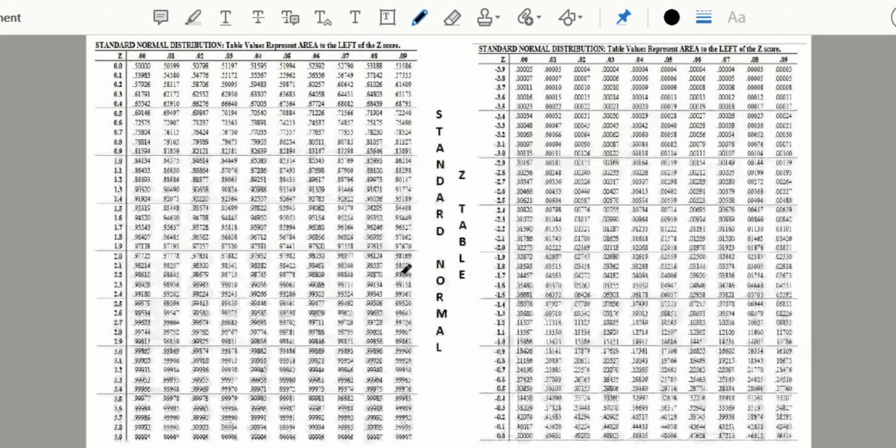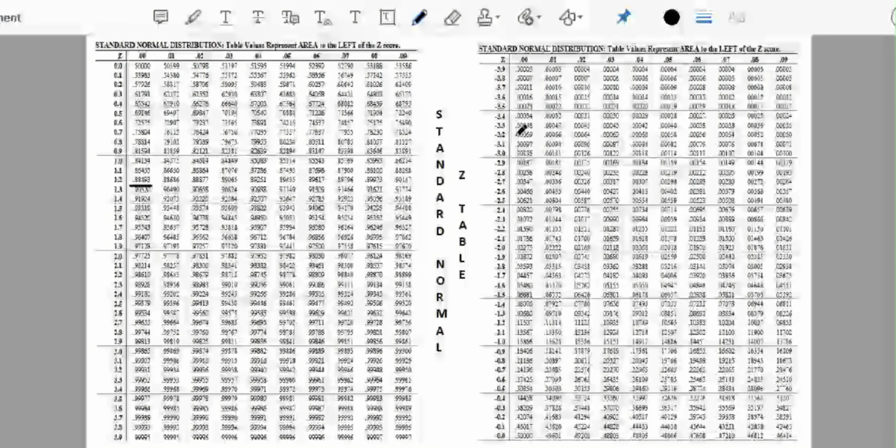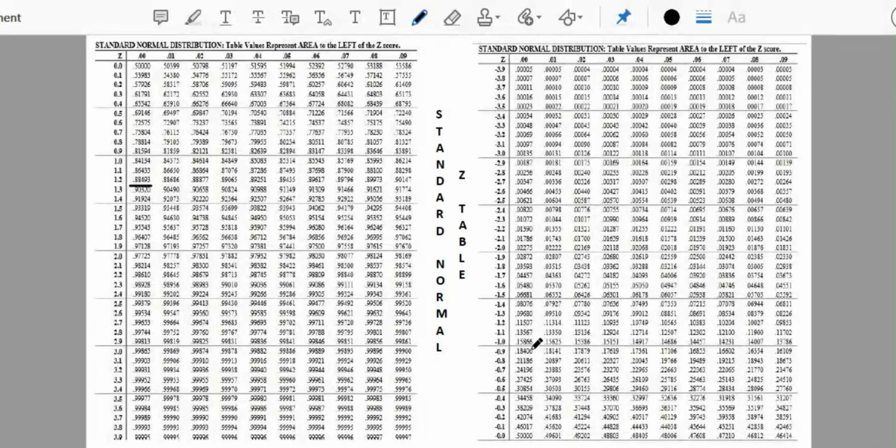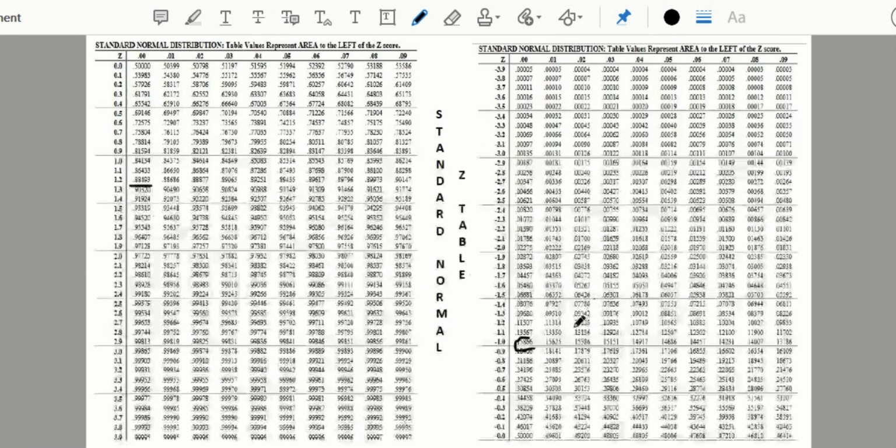So 1.2, what is 1.2? Positive 1.2. Okay, we have here 0.88493 minus, what is negative 1? Okay, 0.15866. Let me check it again.